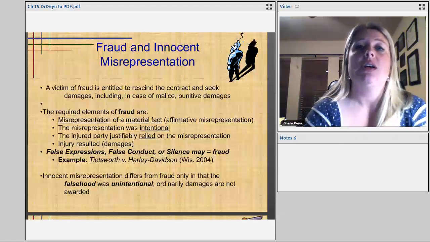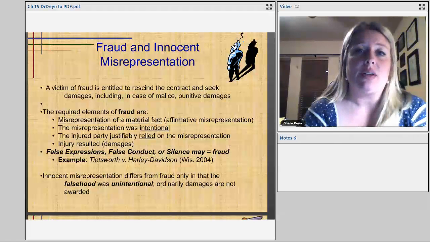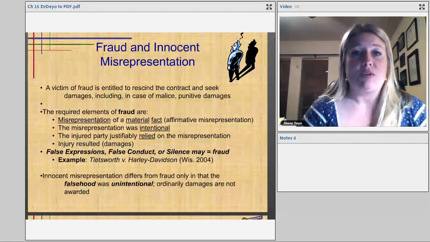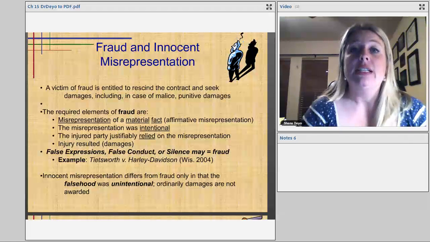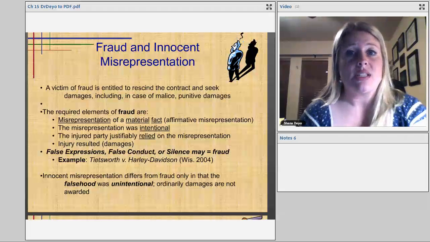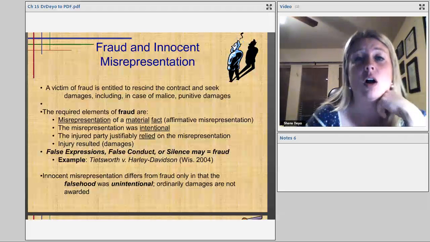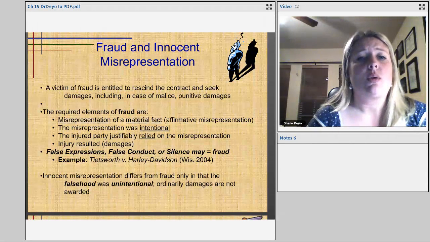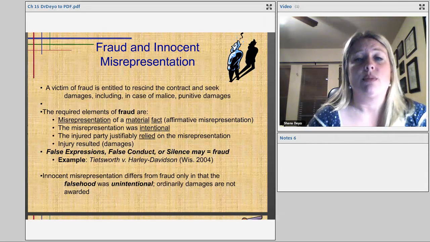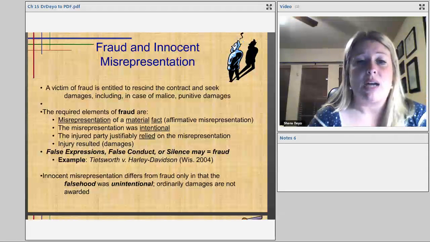So you can imagine that places importance on this topic because fraud does seem to be something that we see a lot of in the industry, and that is one reason that people often go to court. So essentially, the required elements of fraud, again, are misrepresentation of the material fact.